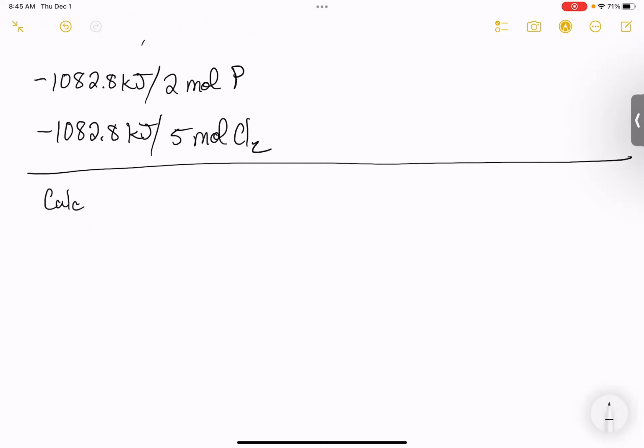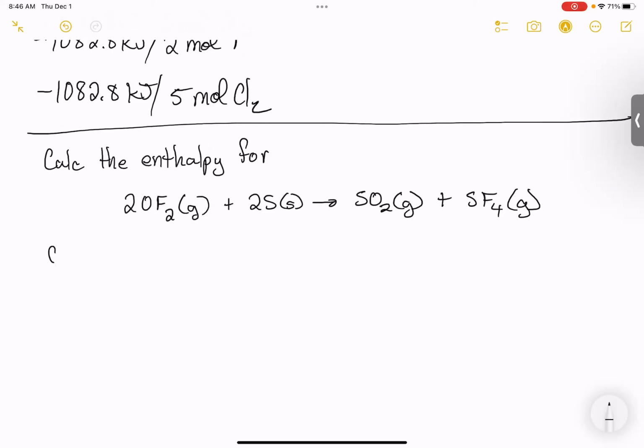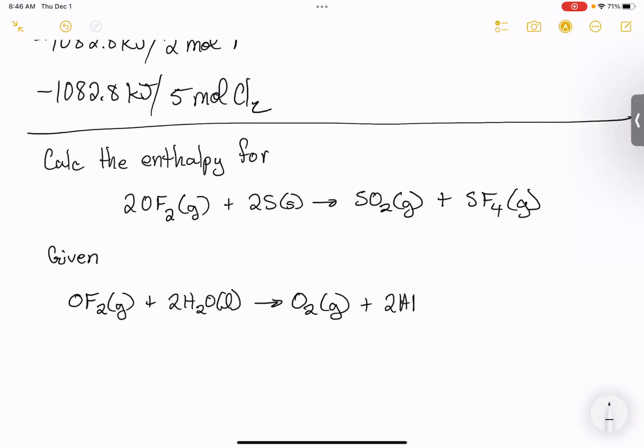Calculate the enthalpy for 2 OF2 gas plus 2 sulfur solids goes to make SO2 gas plus SF4 gas, with, given, I should say, OF2 gas plus 2 H2O liquid goes to make O2 gas plus 2 HF gas with an enthalpy of negative 276.6 kilojoules.